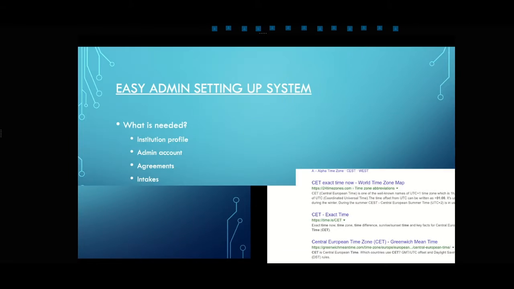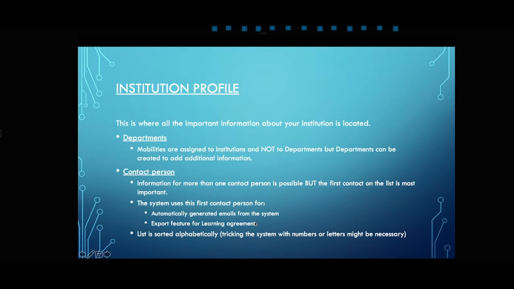First of all, as an administrator, you want to work on your institution profile. One thing you'll want to determine right away is if you are just going to be an institution or if you're going to have departments underneath your institution. The one thing to be mindful of is that the mobilities are assigned to institutions and not departments.